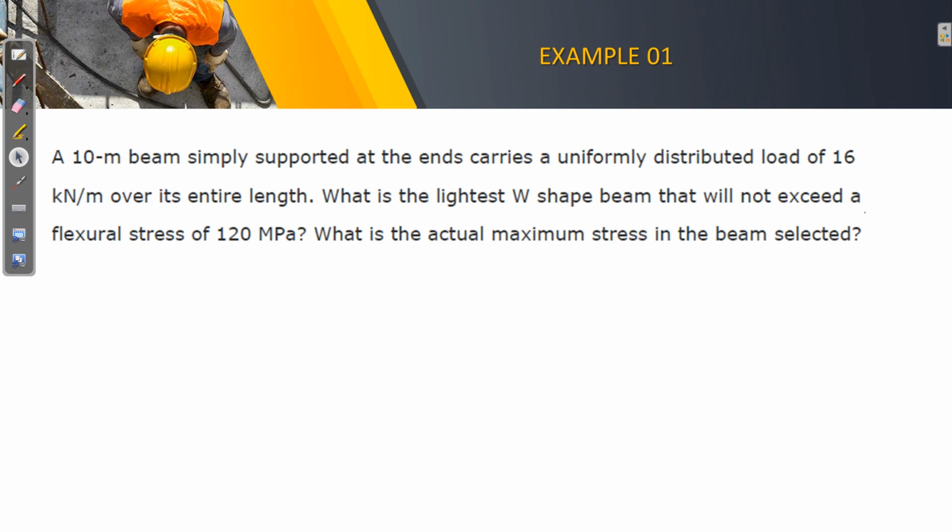Okay. So sigma allowable is given as 120 megapascal. And by and by we're going to check the actual maximum stress in the beam selected.